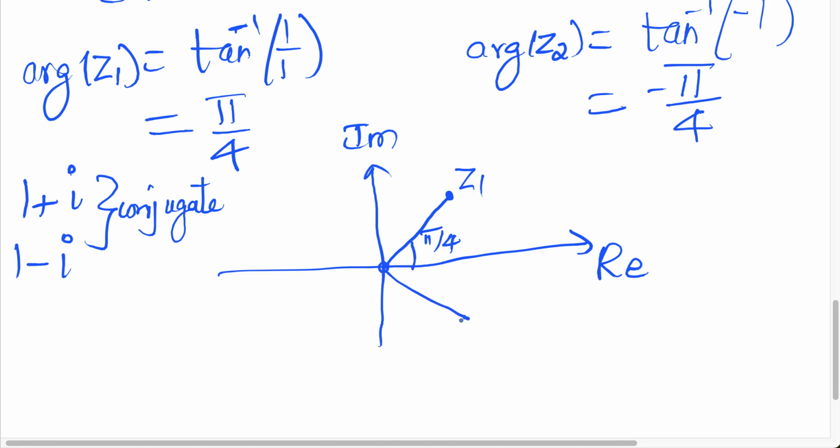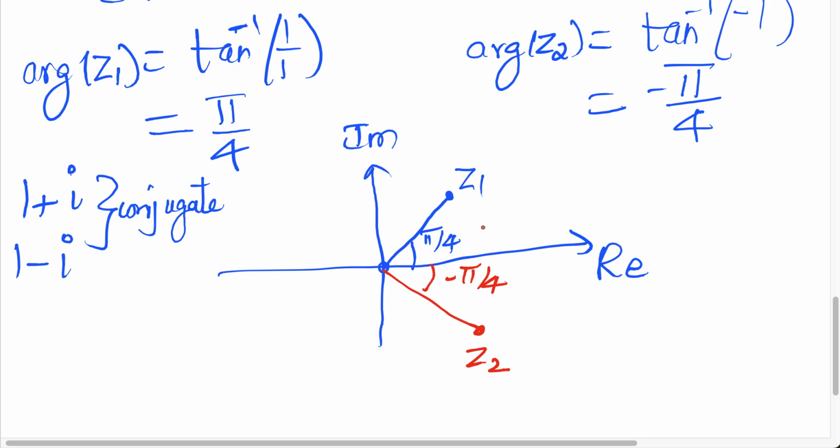And Z2, let me use a different color for it so you would see it clearly, is at the same distance but at minus pi by 4. So that's how complex conjugates look on the Argand diagram. They will be reflections of each other in the real axis because only the imaginary part has the opposite sign. The real parts are the same and the units of the real and imaginary parts are also the same.